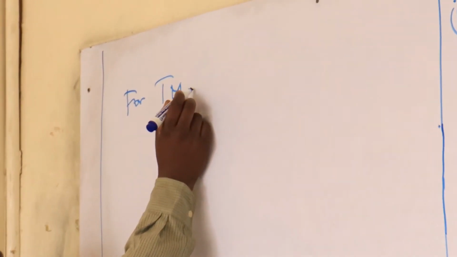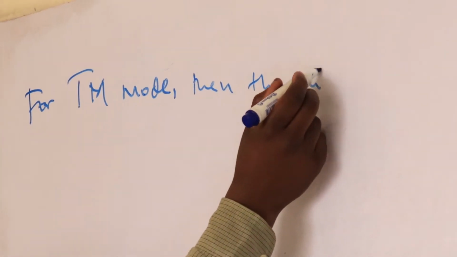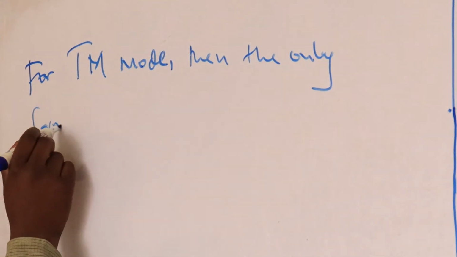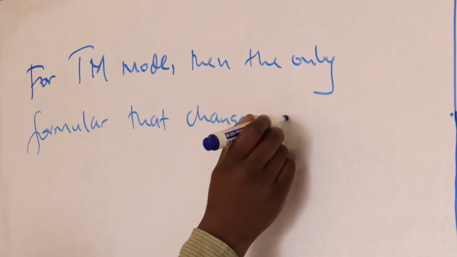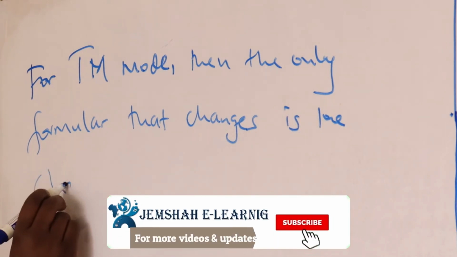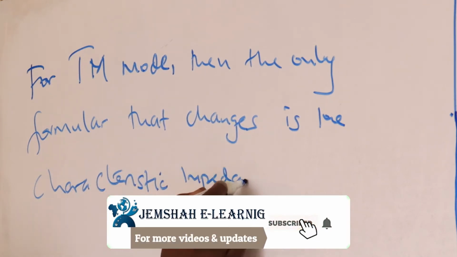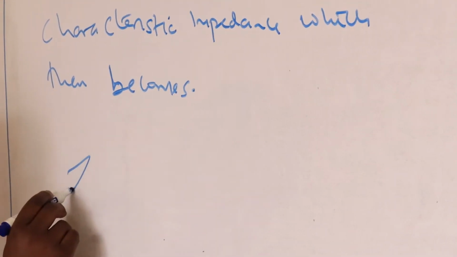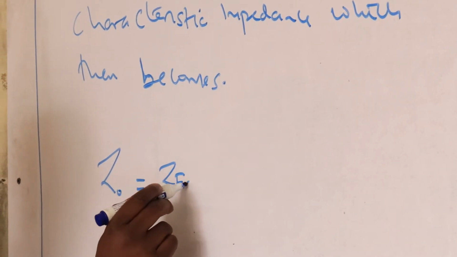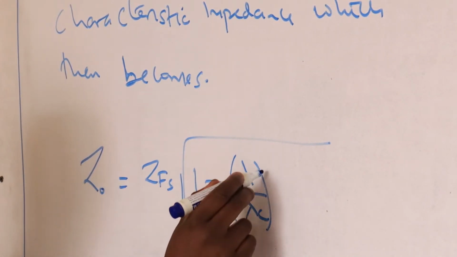For TM mode, the only formula that changes is the characteristic impedance, which then becomes Z0 equals ZFS times the square root of 1 minus (lambda over lambda C) squared.